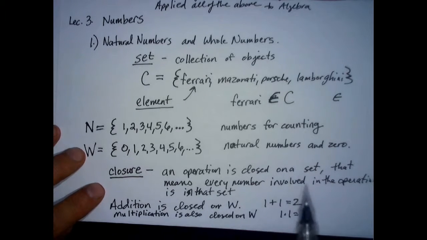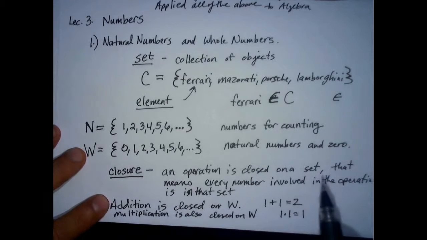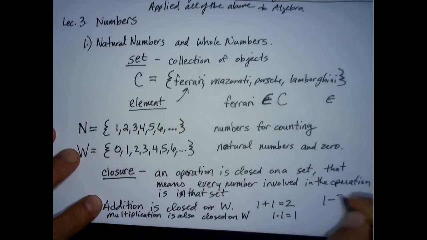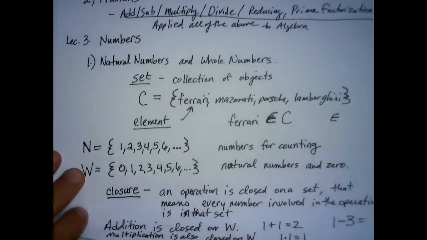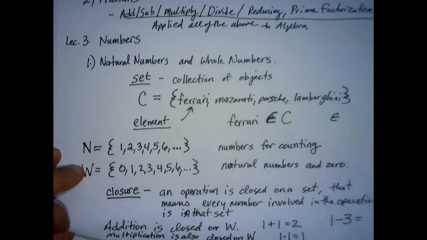All right, well, apparently these are two of the only operations that are closed on the whole numbers. So we need some more types of numbers, because subtraction, if I say 1 minus 3, that is definitely not a whole number. So the smart people sat around and thought, hey, let's invent some new numbers.